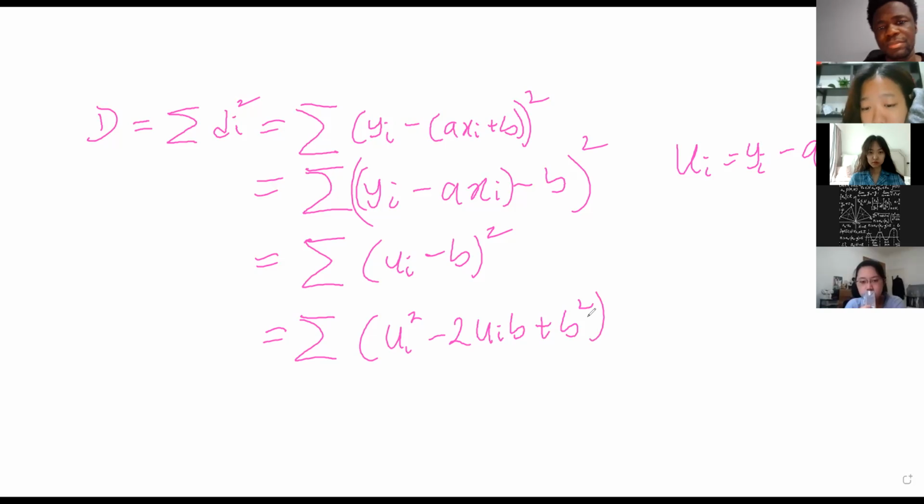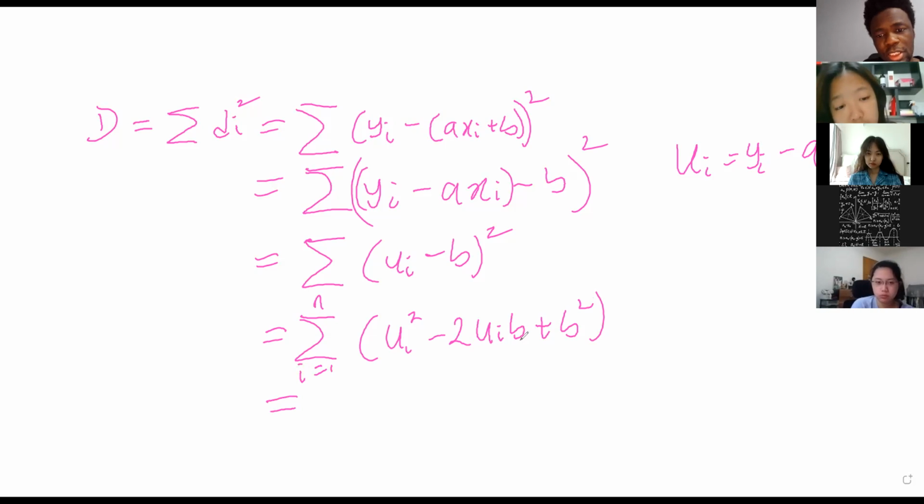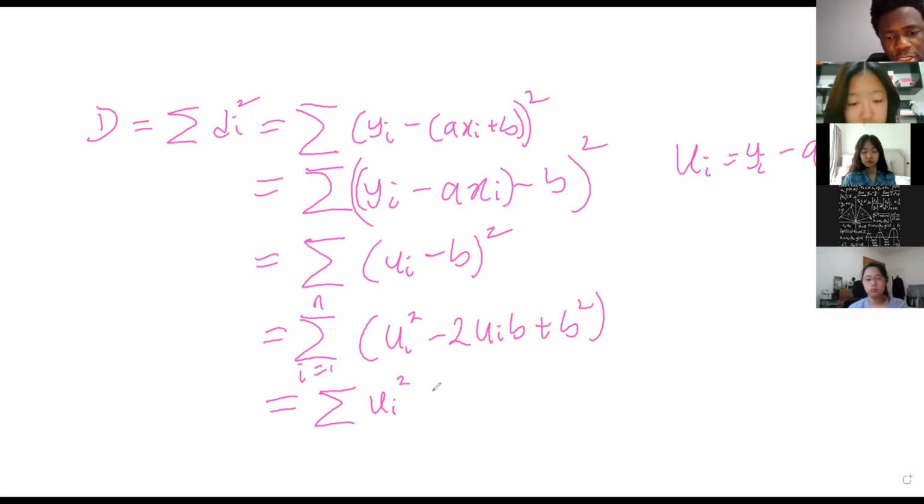Am I making sense? And if this is open, remember the iteration is i from 1 to n. This does not have any i, so it's a constant, isn't it? This b is also a constant. So if I open this, it's going to be summation ui squared minus, the constant can leave.